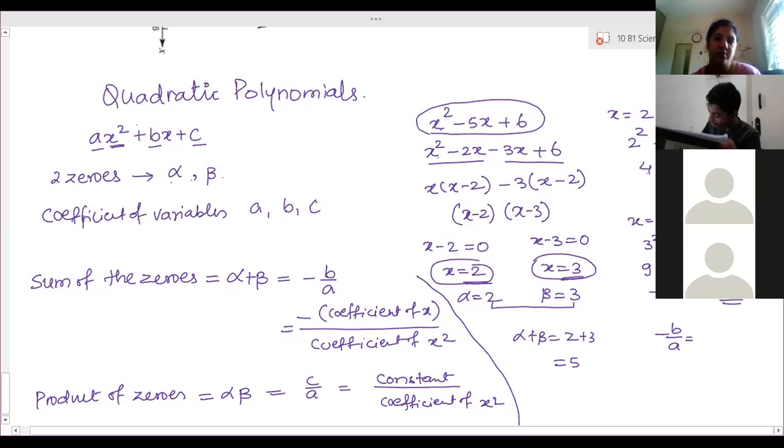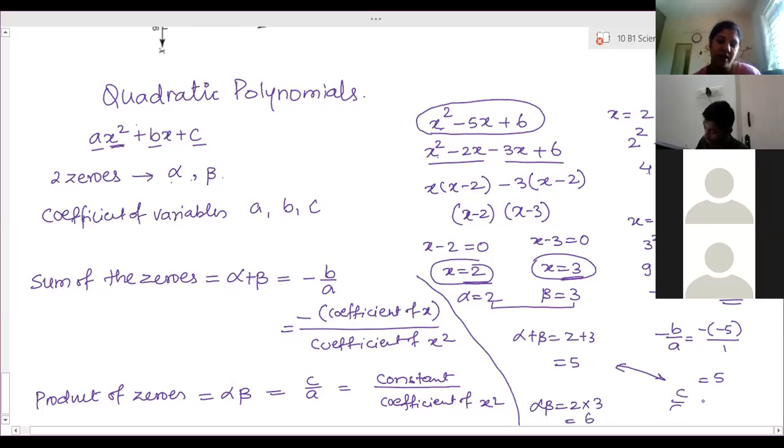Minus of minus 5 by 1, 5 by 1, that is equal to 5, right? So both are equal. As well as the product of zeros, alpha beta, that is 2 into 3, which is 6. And what is the value of c by a? C is plus 6, a is 1, so that is 6, right?